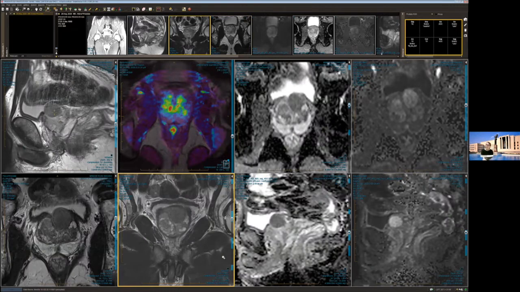So the second one for Lisa, okay. I would like to classify the patient in the risk group. For you, Lisa, this patient is intermediate or high risk based on PSA, total PSA density, age, and so on. Why do you suggest PSMA in this case?